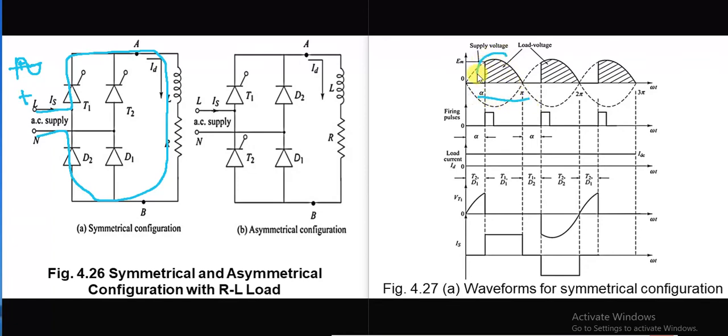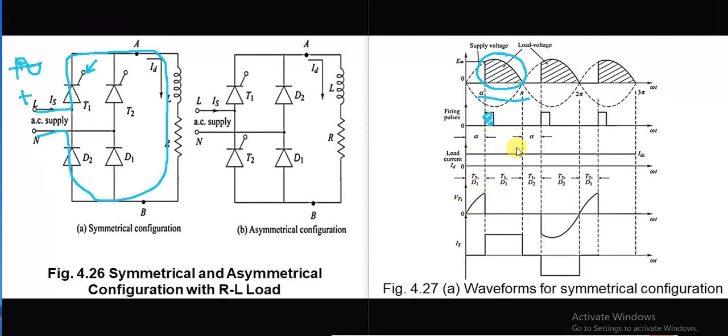So we will obtain the output load voltage. What are these pulses? These pulses are firing pulses given to the gate terminal of SCR T1 during the positive half cycle.